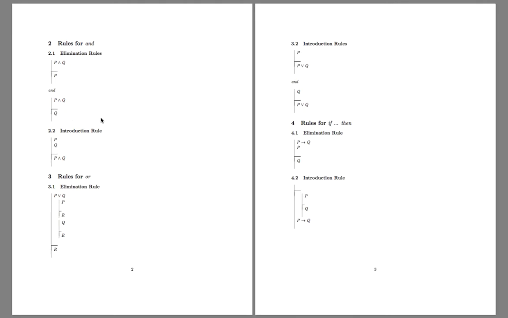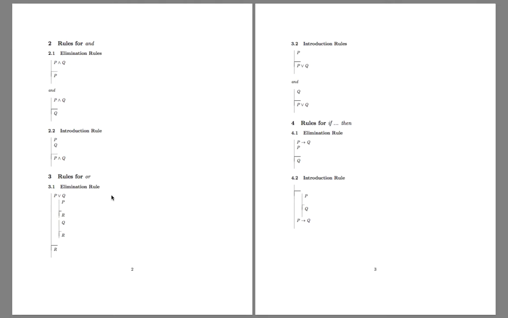Okay. And the introduction rule is also pretty straightforward. We're not going to be able to conclude that P and Q is true unless we know that both of those conjuncts are true. So if we have P and we have Q on prior lines, then we can conclude that the sentence P and Q is also true.